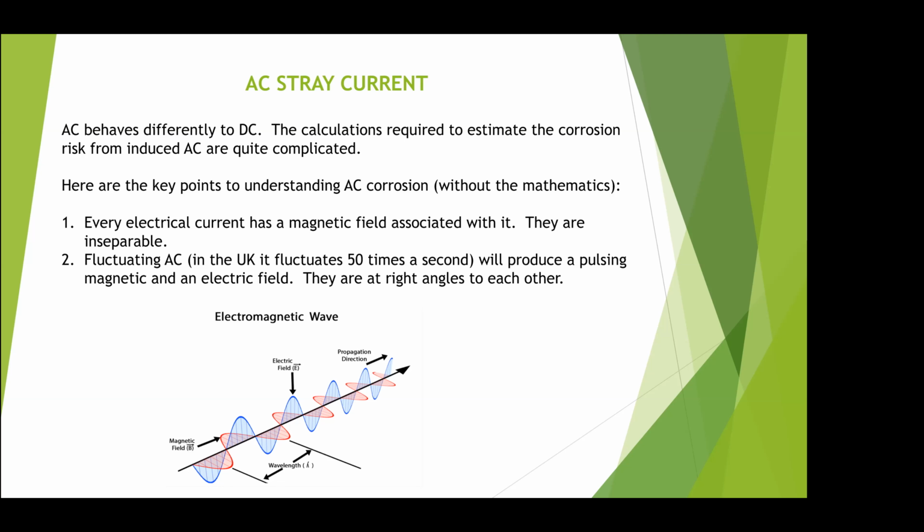If you look at the little electromagnetic wave, the first thing to remember is you cannot have an electric current without generating an electric and magnetic field. Not possible. They can't exist on their own. So you've got a magnetic field which is varying in a sinusoidal manner, which is what your 50 cycles per second is in the UK.